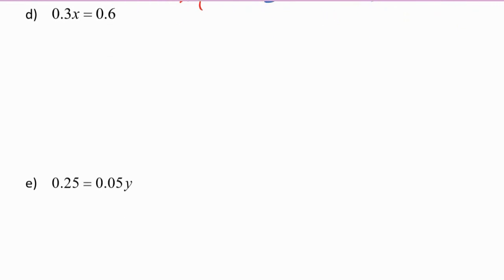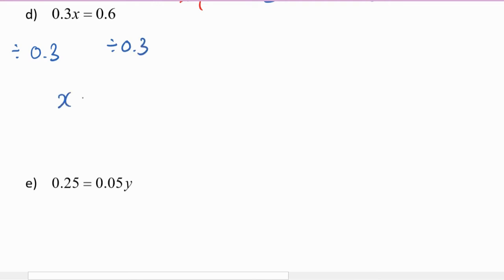Alright, now everyone, we have decimal numbers. 0.3 x equals 0.6. 0.3 and x, multiplication is hiding, and we're going to divide both sides by 0.3 to get the answer.